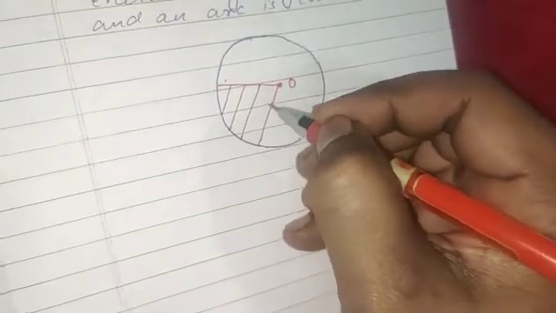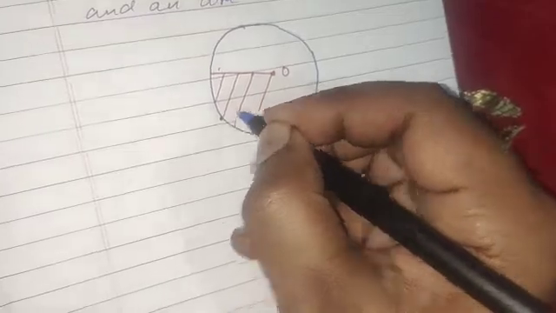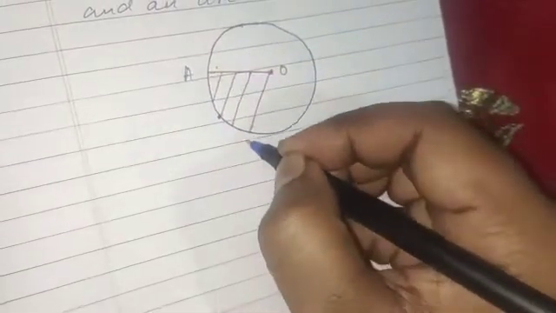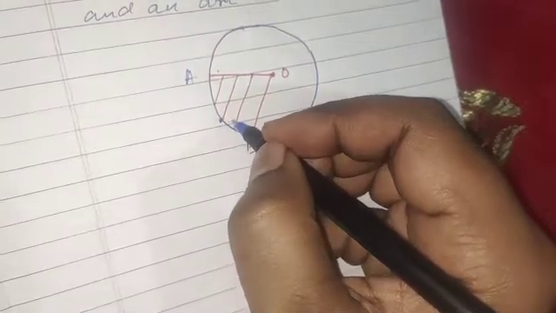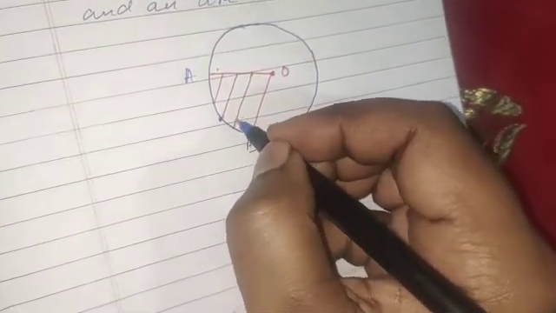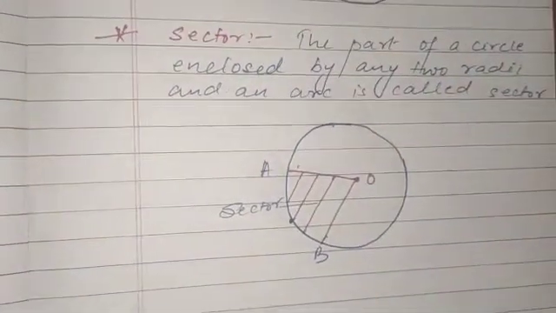This part is being covered up. So this part is called what? A sector. Okay. Clear? Now next is segment.